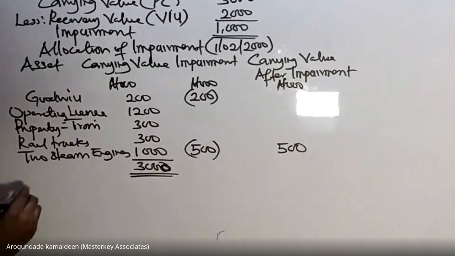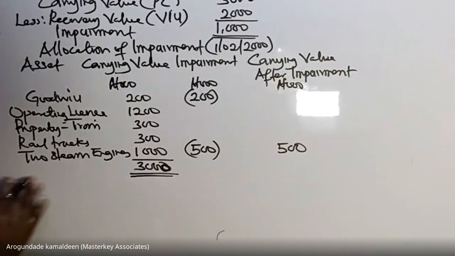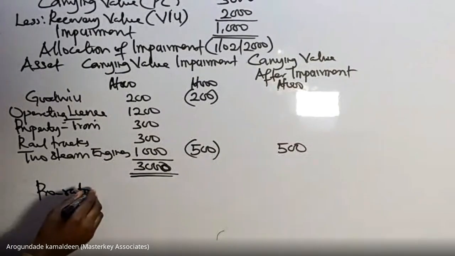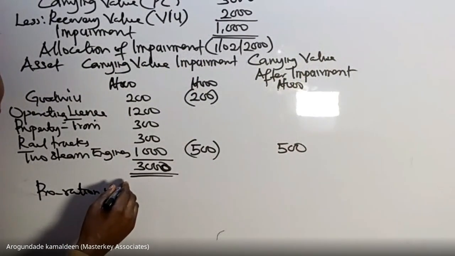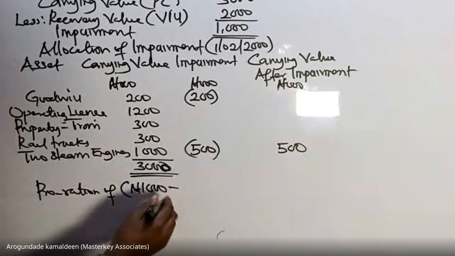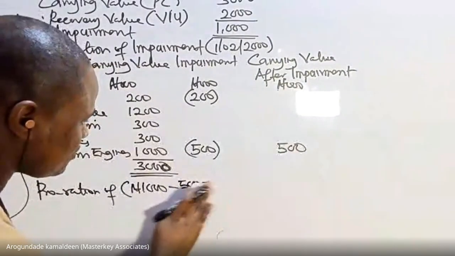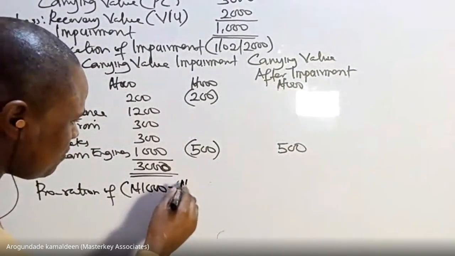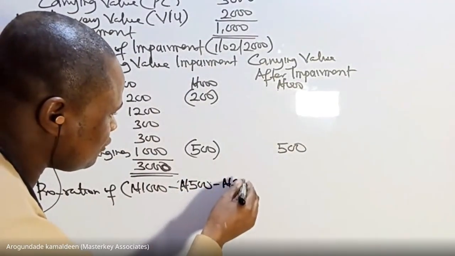Now, proration. You less 500, you less 300, you less 500, you also less 300, 200.